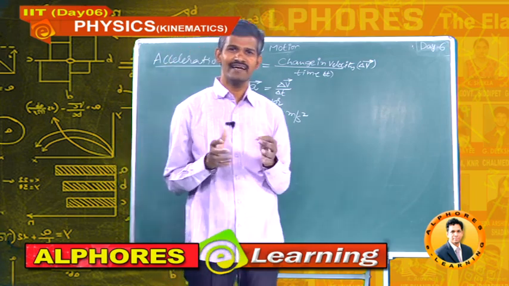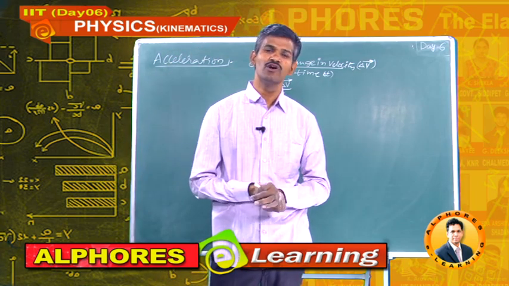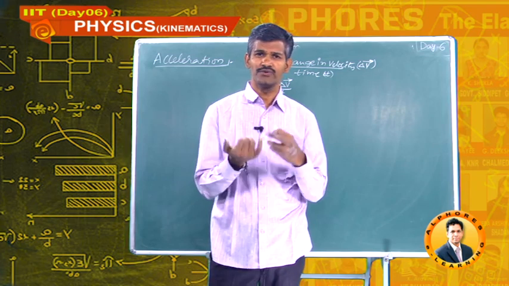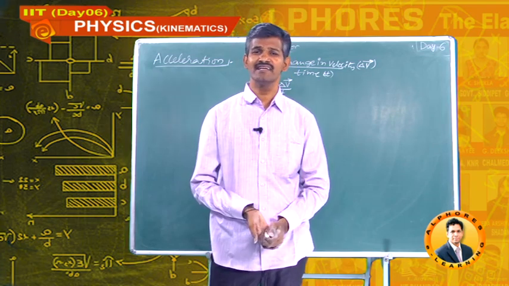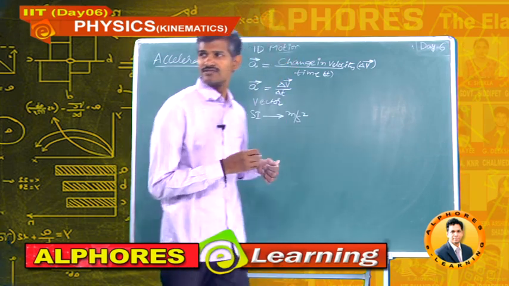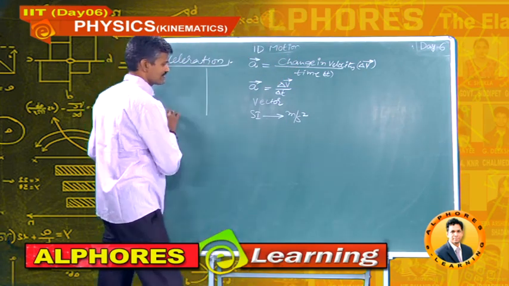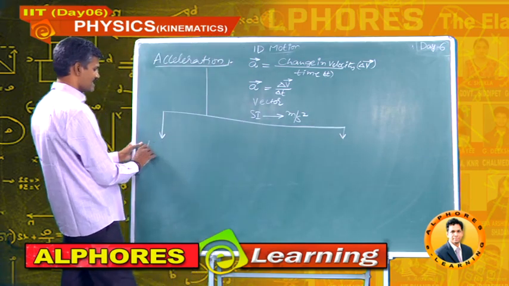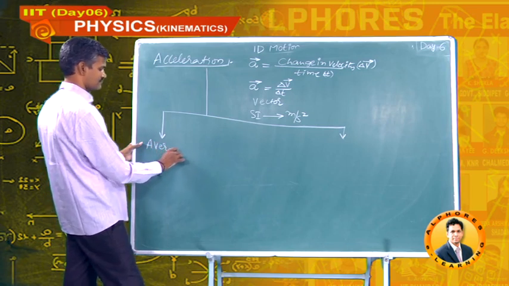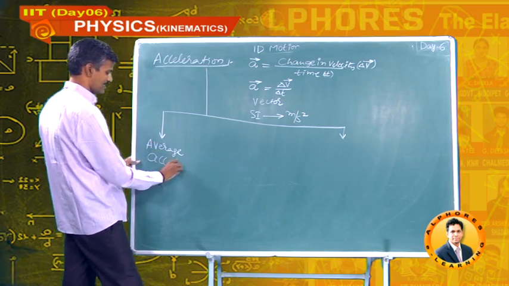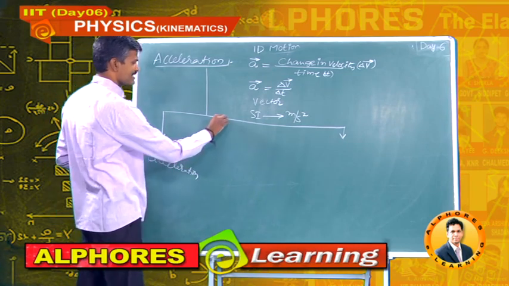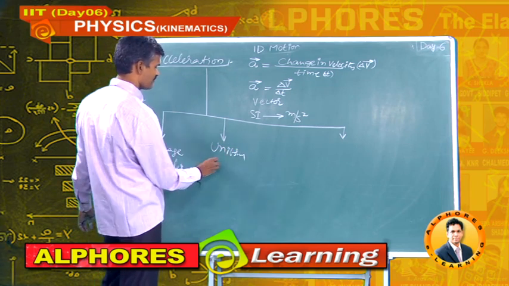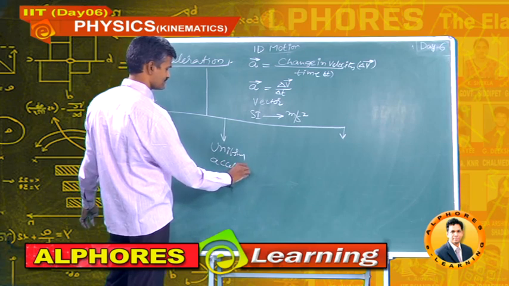Again, to understand, acceleration is also divided into 4 categories. What are they? They are average acceleration, uniform acceleration, non-uniform acceleration, and instantaneous acceleration. So we divide this vector acceleration into 4 categories. First is average acceleration. Second, uniform acceleration.